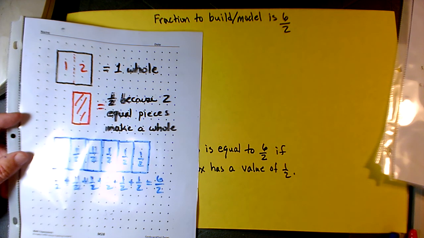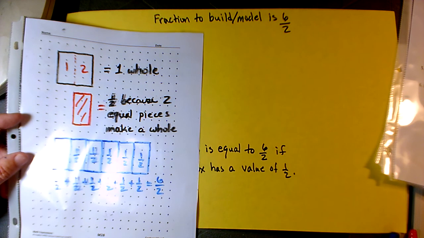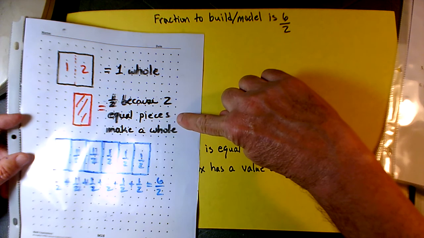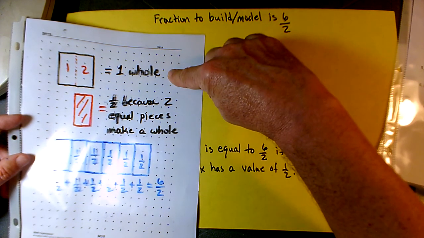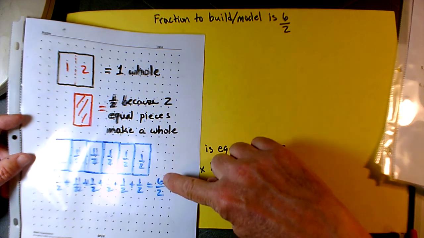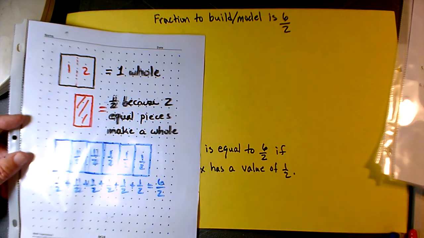We've gone from a concrete representation to a pictorial representation where we've done the same steps. Established a whole, understanding that a fractional portion can only be defined in relationship to a whole, and then using that fractional portion, the unit fraction, to build some arbitrary fraction.